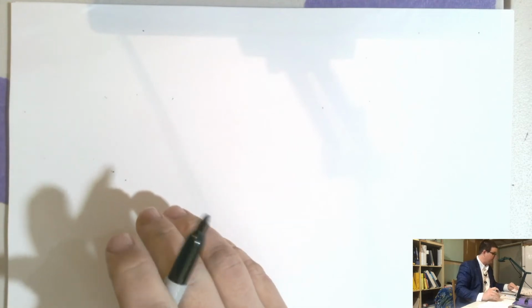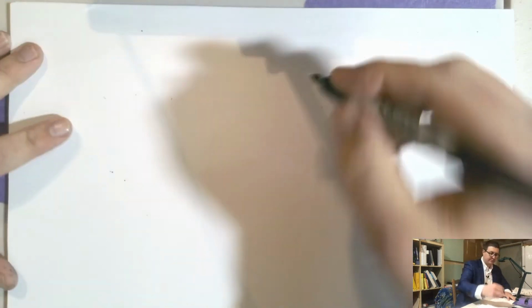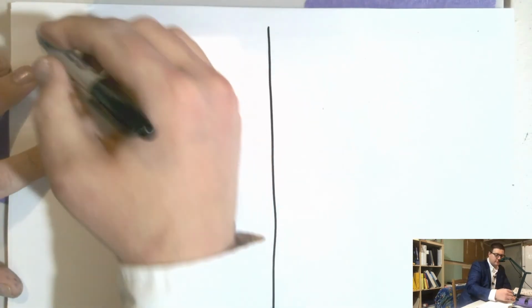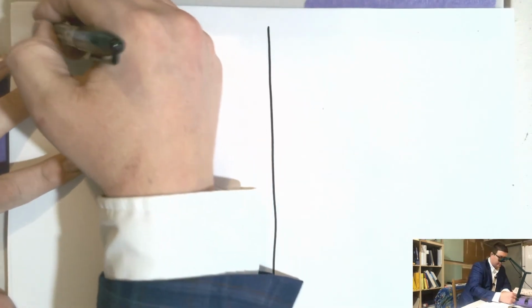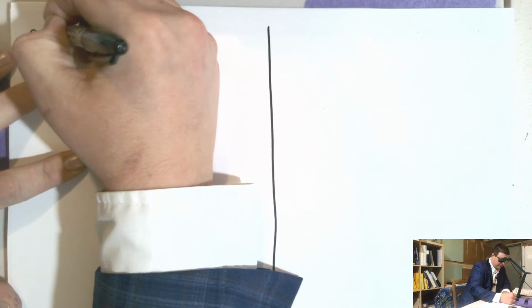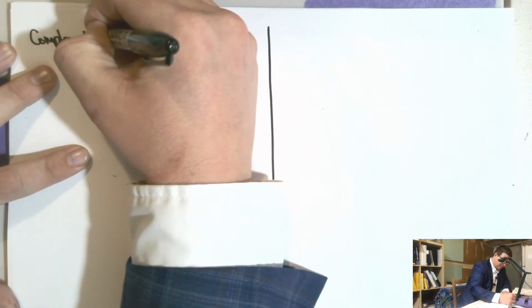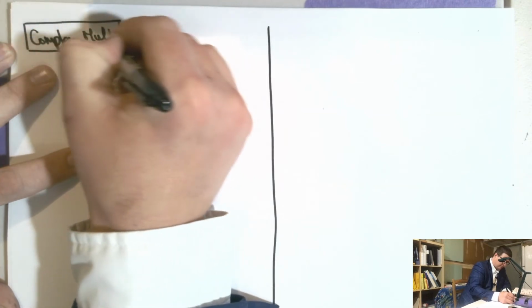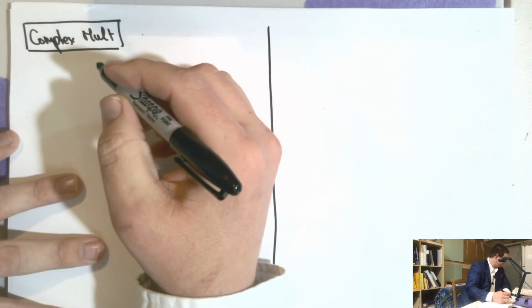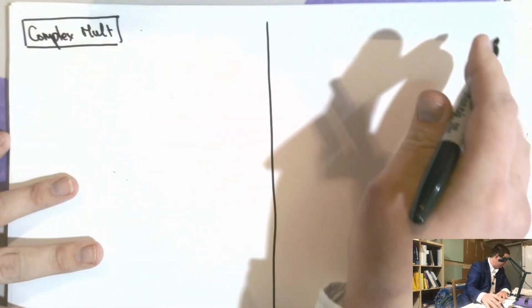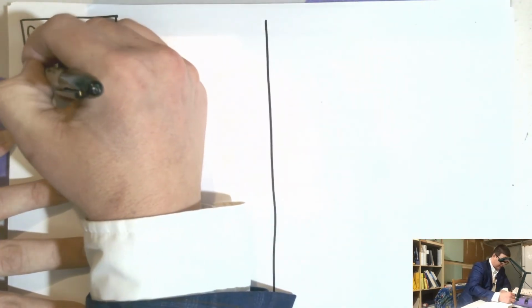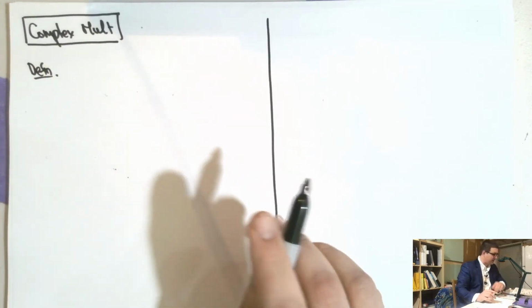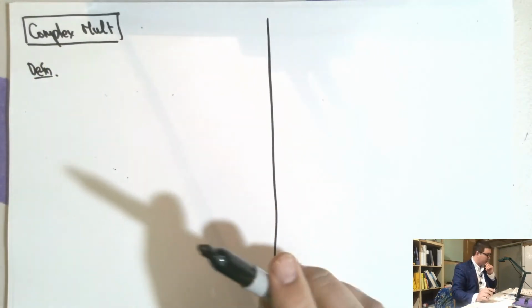Okay, so let's talk about complex multiplication. So, definition. I guess I don't need to say what a CM field is.